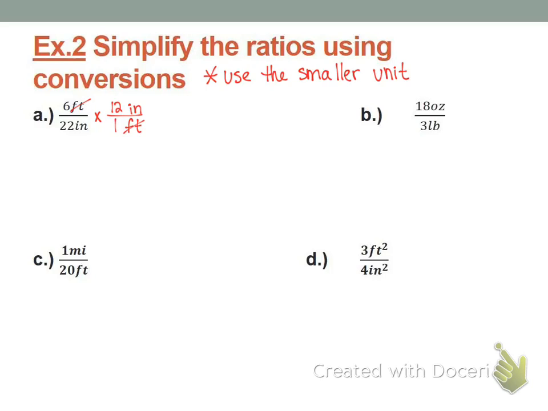Now when we do this, we've got to multiply straight across the top, straight across the bottom. So when we multiply our numerators, what do we get? 72 inches, thank you, over 22 inches. Questions about that part of it?